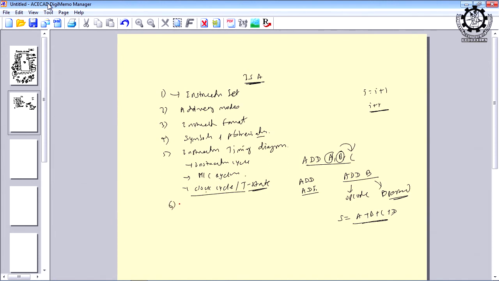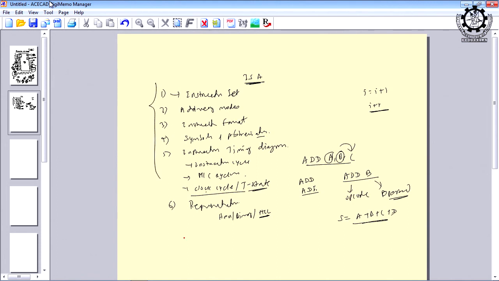Then the sixth point is less important, that is how to represent the instructions, whether through hex or binary or high level language alphabets like English or Hindi. So, from next class we will start, and each of these we will be discussing.